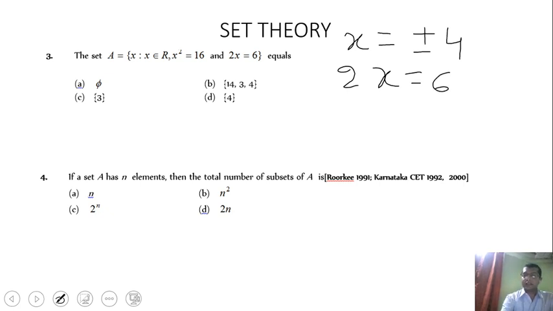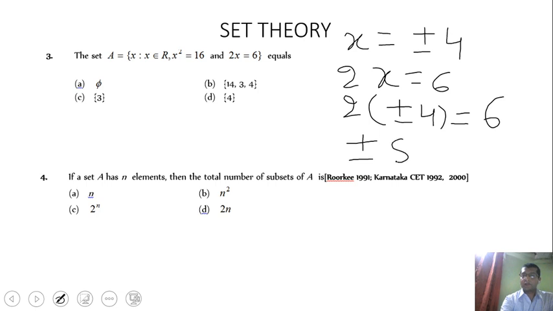If we take the value of x as plus or minus 4, we get plus or minus 8 equal to 6. So 6 and 8, the numbers are different, it is not equal, therefore option A is the right answer. It is an empty set.